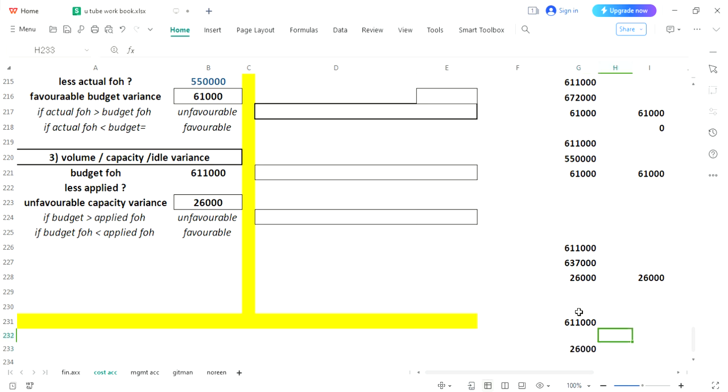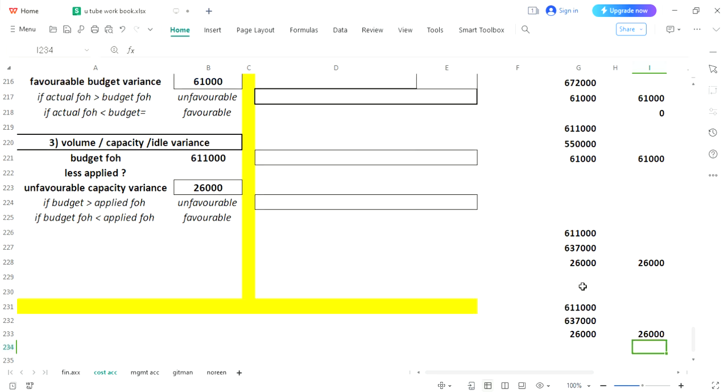Here you had added and now I am subtracting 611, adding 26,000. Again you will get the same answer by taking the difference of these two, 637 minus 611. So here again 26,000. It means either you add or you subtract, you will get the same answer, 26,000.